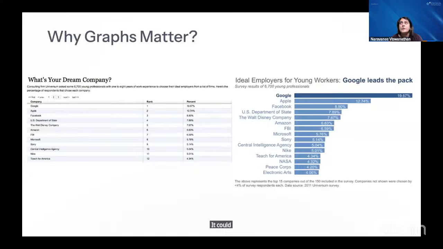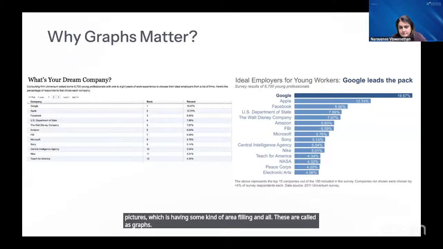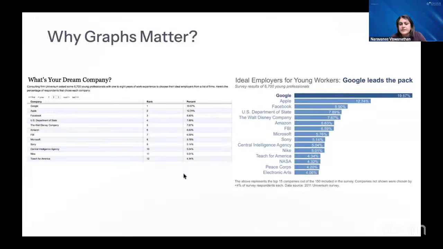It could also have different formats. For example, have you seen those man and woman kind of pictures, which have some kind of area filling? Have you seen that kind of graphic, guys?